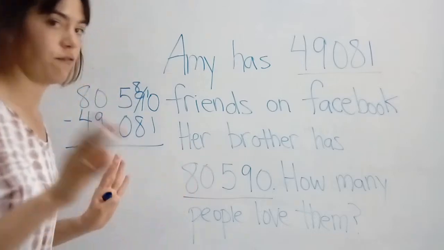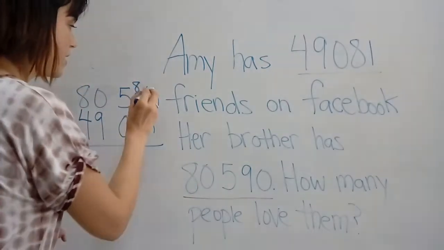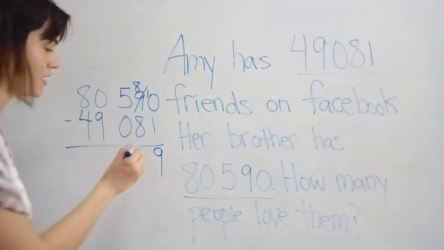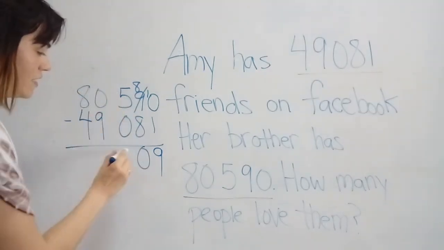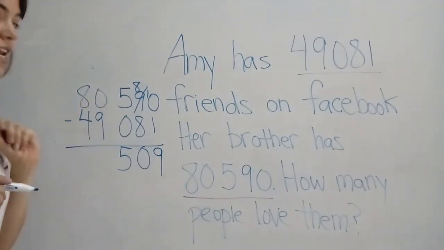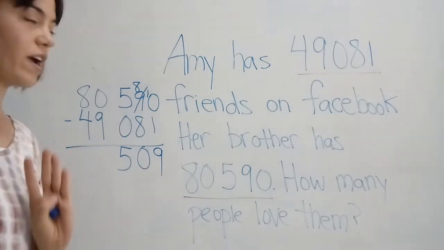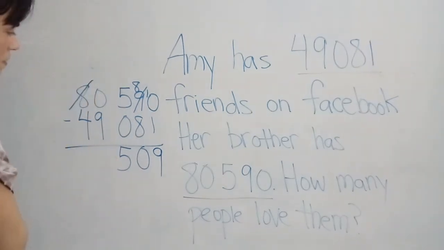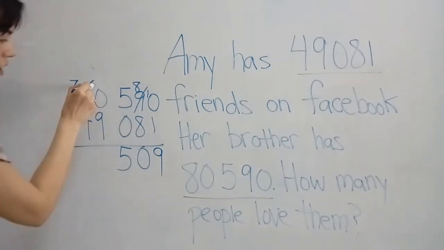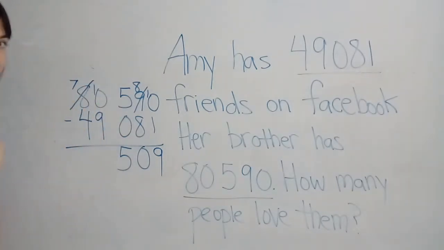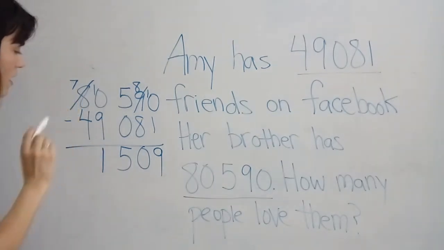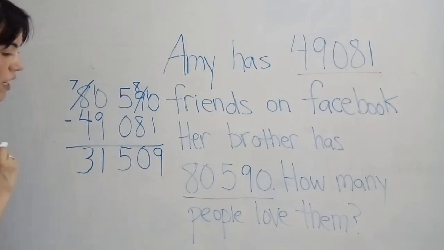So this is stuff we've been practicing in class, don't worry. 10 minus 1 is 9. 8 minus 8, 0. 5 minus 0, 5. 0 minus 9. I hope everybody saw this right away. I need to borrow from here. 8 minus 1 is 7. And I put a 1 here. This becomes 10. Now 10 minus 9, I can do it, equals 1. 7 minus 4 equals 3.